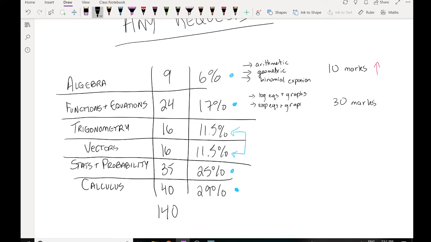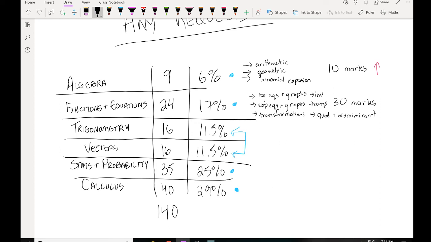You would expect transformations, inverses, compositions, that whole thing. And, oh, yeah, quadratics and maybe the discriminant. Those are the main topics. And if you're ready for those, then those 30 marks should be kind of a lock.